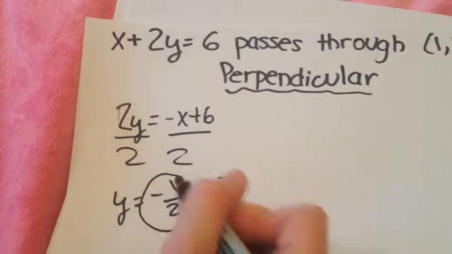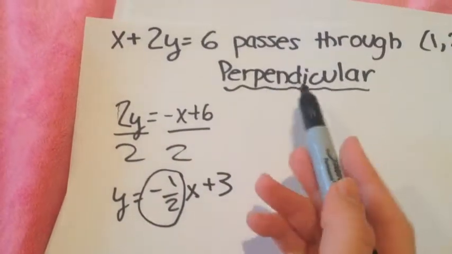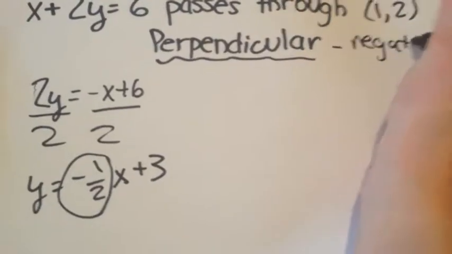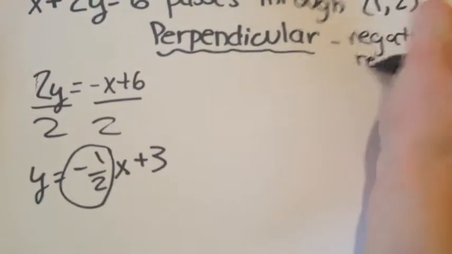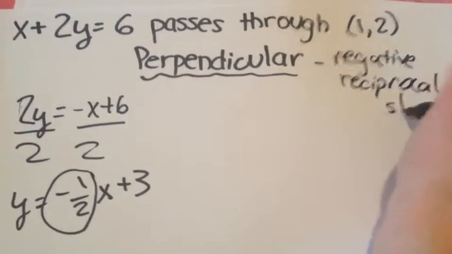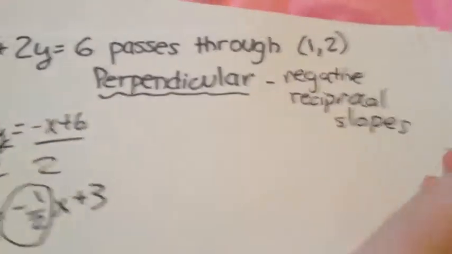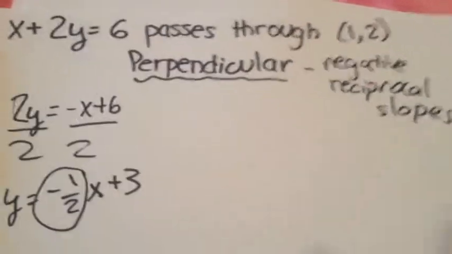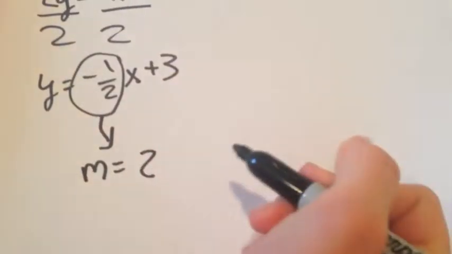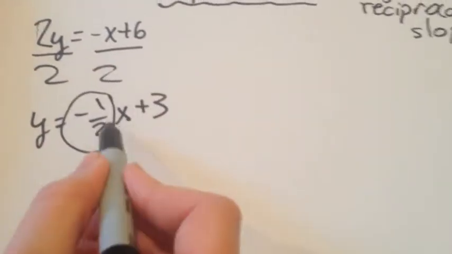Now that we know that this is your slope, we know that perpendicular lines have negative reciprocal slopes. So, in order to make a line with a negative reciprocal, you know that the slope will turn into 2 because it's negative and you flip it.